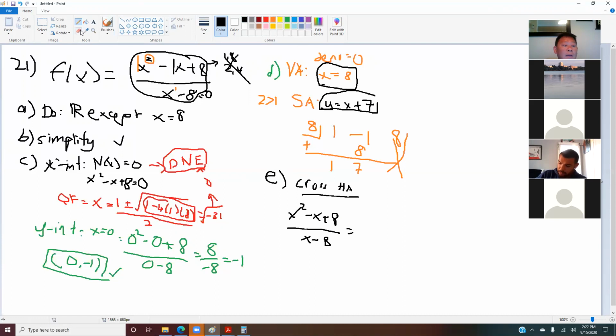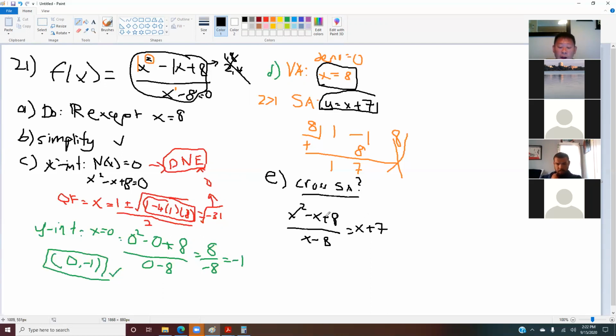We don't have a horizontal. Class, your rational can only have either horizontal or slant. You cannot have both. You can only have one of those. So the slant asymptote we found early on is x plus 7. So you make it equal to x plus 7. This is the one that we want to figure out, do they cross?